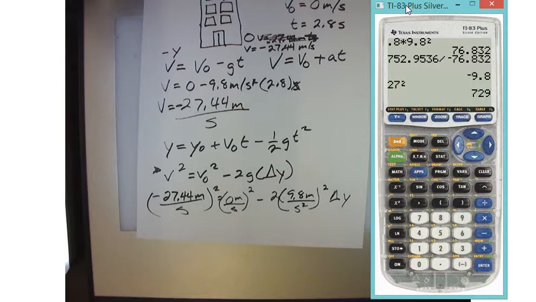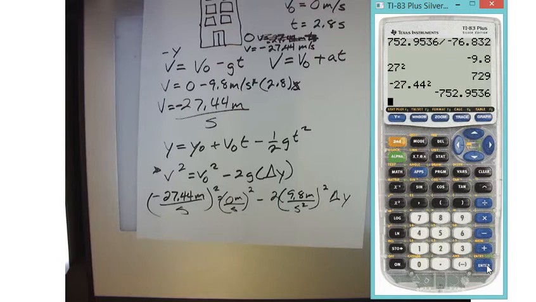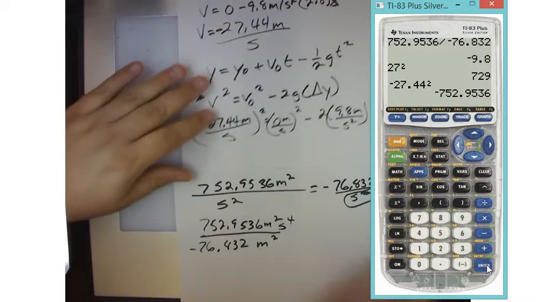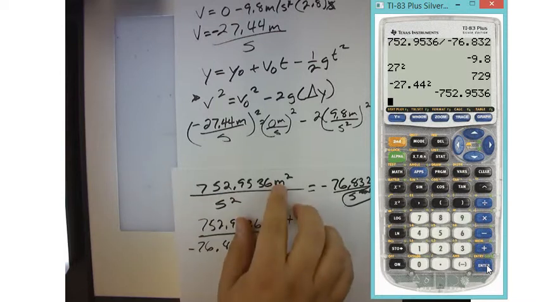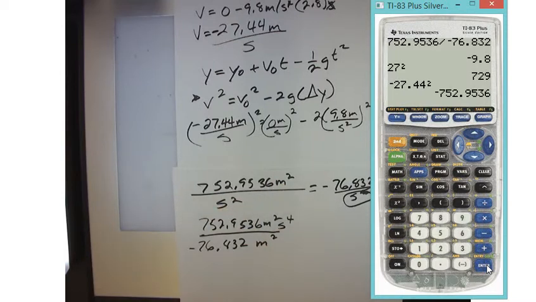So when I square my negative 27.44, I get 752.96. Okay, that's good. So now this looks okay, and then when I square that I get meters squared, and then over here I'm going to get my seconds squared, so that looks good.